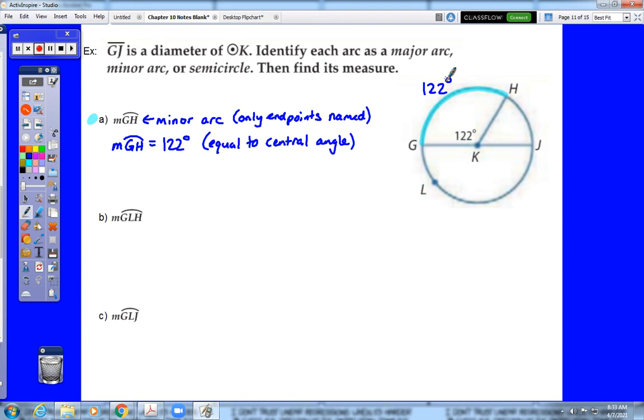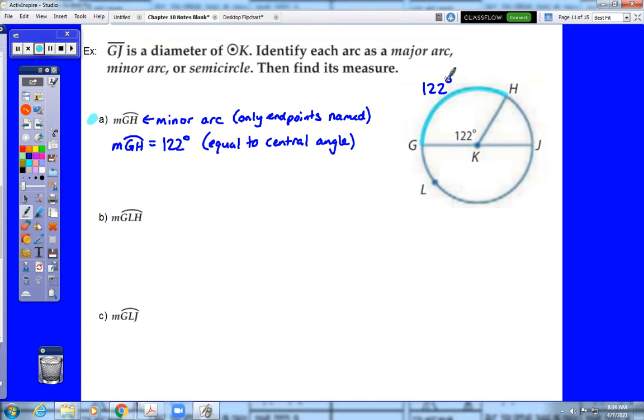Okay. So then it says, what is the measure of GLH? Well, GLH is what kind of arc? It is a major arc. It is from G through L and ending at H. So how do we find the measure of that arc?